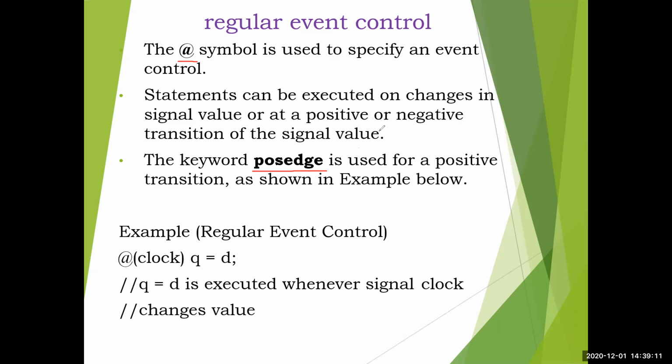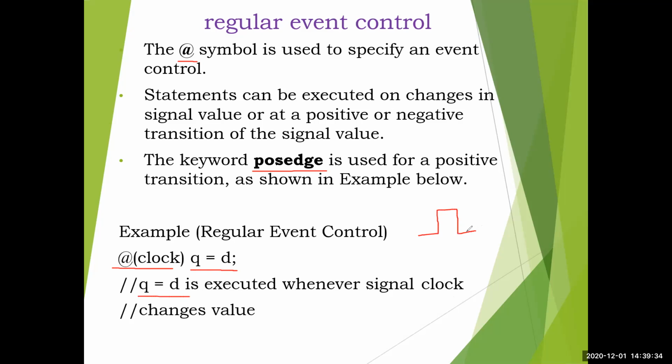So we'll see many examples; one example is in this slide. @ clock q equal to d, if you write like this, what is meant by this? Q equal to d is executed whenever the signal clock changes value. This is an event. Clock may be 0 initially, so it will change the value to 1, then again 0.